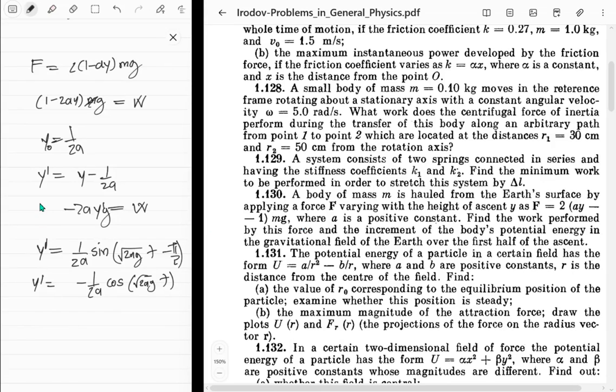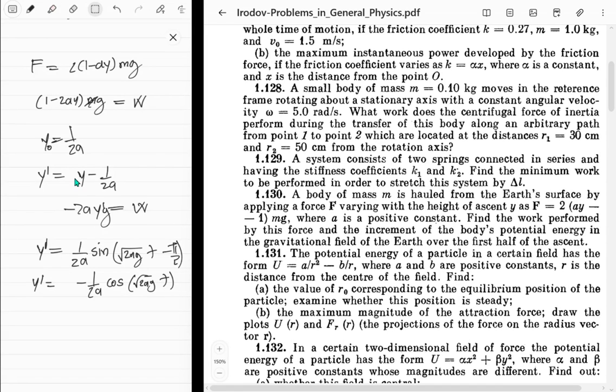So it was also the half of the distance. Wow, this somehow works out. So it's just half of that distance, so y naught is equal to 1 upon 2a. You just need to integrate this force till y naught is equal to 1 upon 2a, and you will be done. Isn't that nice?